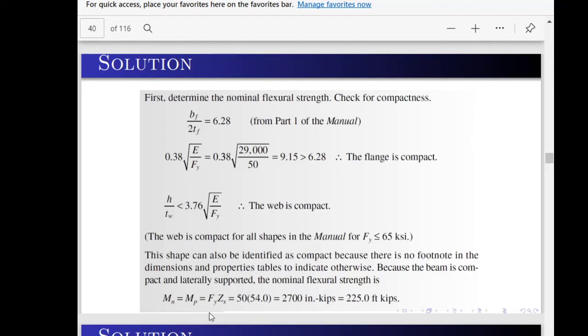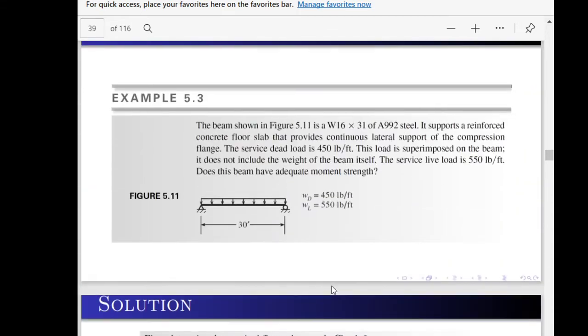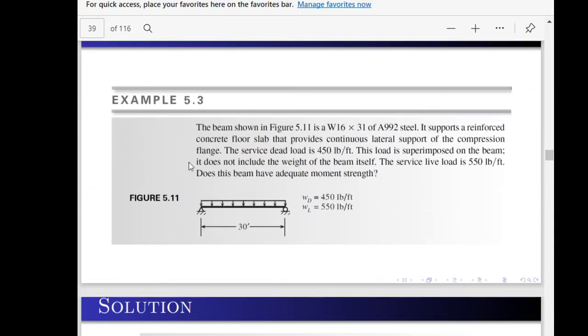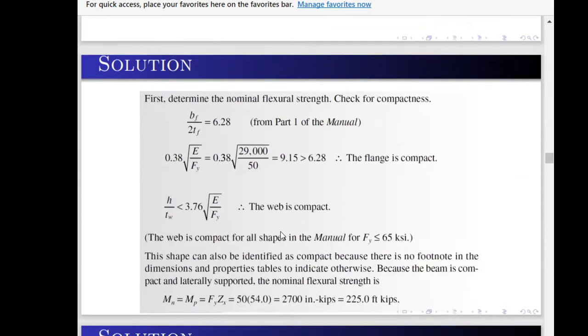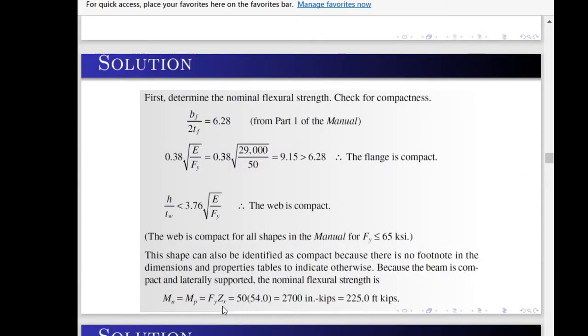Yes, this plastic section modulus is in the major axis, so Z sub x can be found in the table.